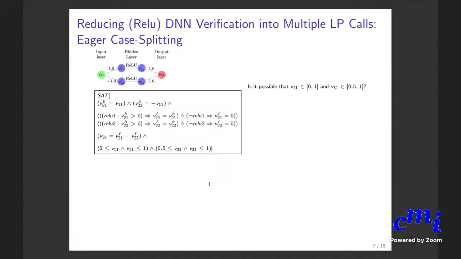Yeah, that is true. Anything in the interval 0.5 to 1 will do, and 0.5 is certainly one of them. Correct? Yeah, that's right.